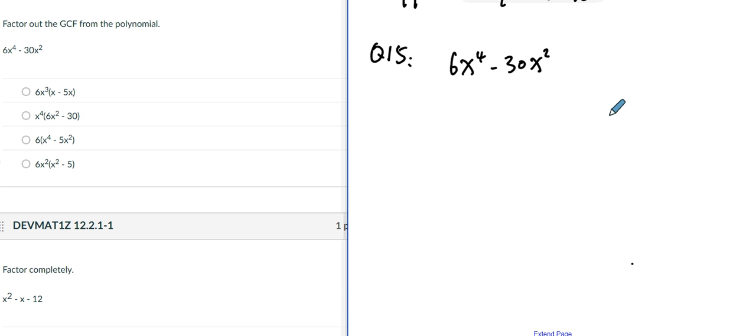Here, let's do a few steps to explain the meaning of GCF. GCF stands for greatest common factor.